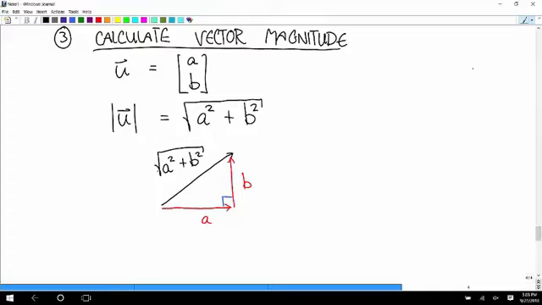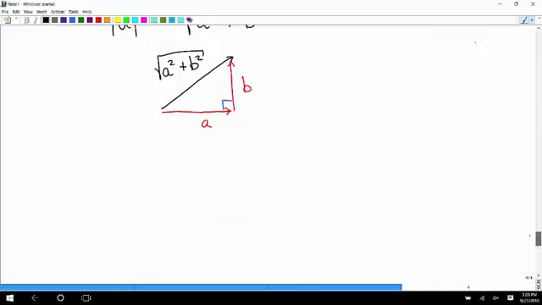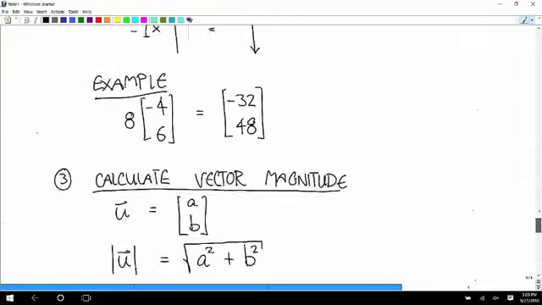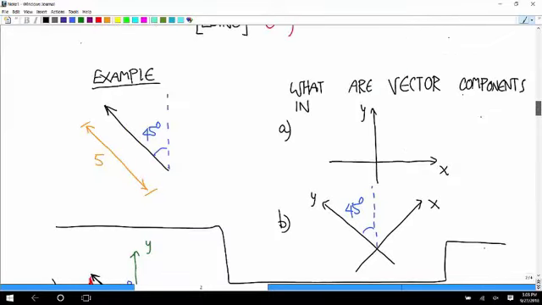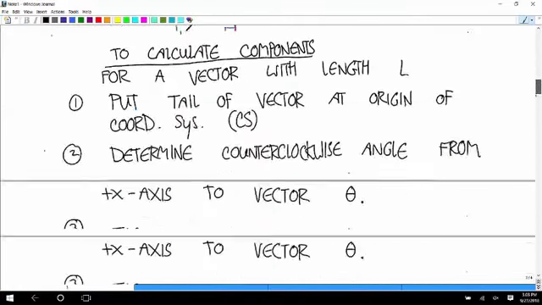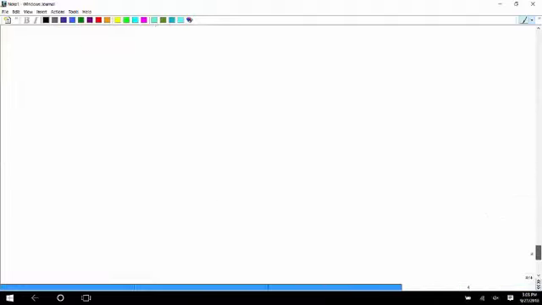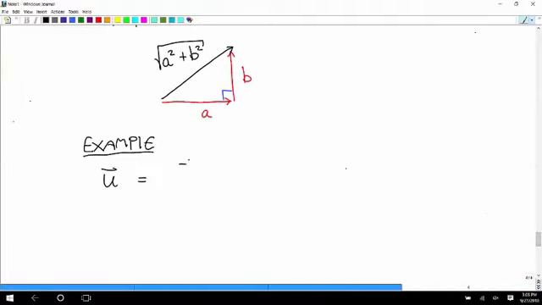Okay, there's only one more thing I want to say. Well, let me do a calculation. Okay, so let's say that our vector u is -3.535, positive 3.535.